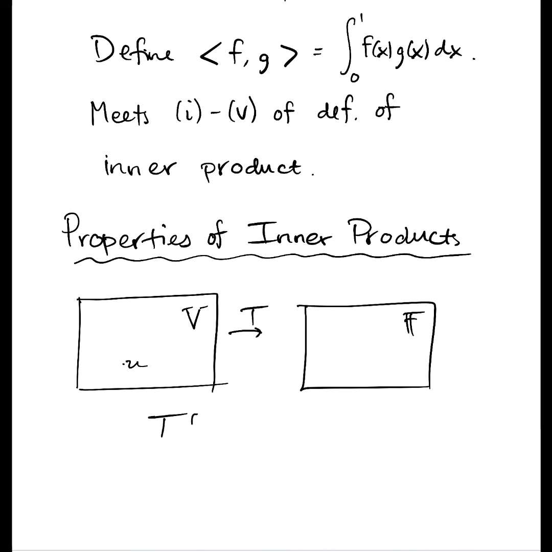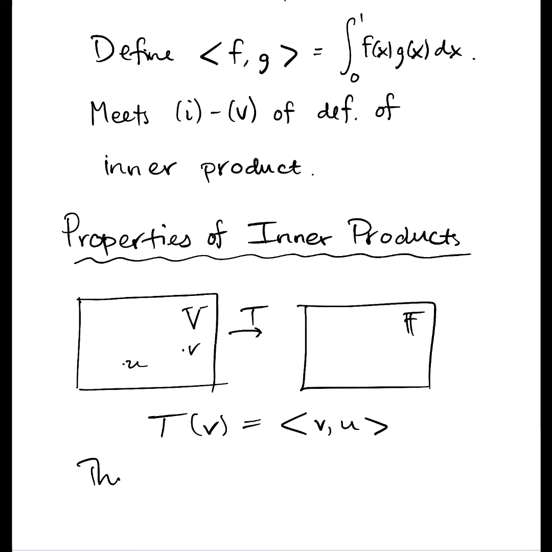The formula for the map is T of V simply comes out to whatever V's inner product with that fixed vector U is. So T just takes each input from the vector space V and computes its inner product with that specific vector U. That map is linear.